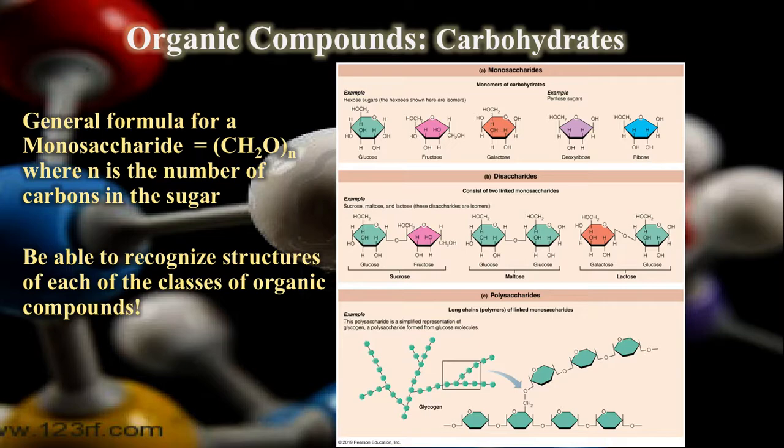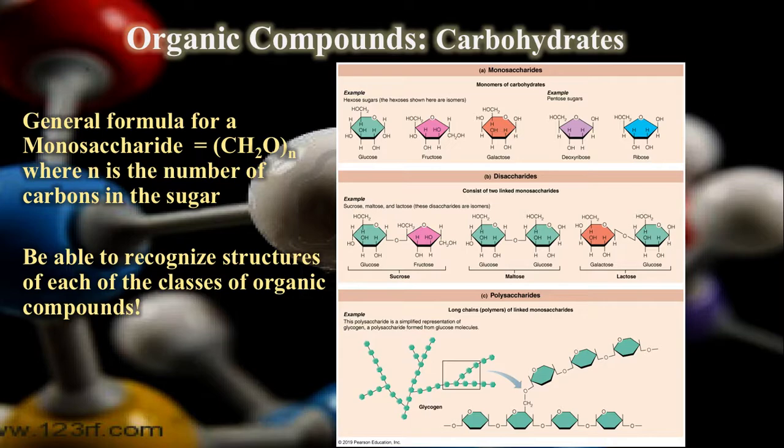Now, on this next slide, let me read the bullet and then we'll look at the picture and talk about a couple other things. So first of all, you need to know this general formula for a monosaccharide. Okay? It's going to be CH2O N, where N is going to be the number of carbons in the sugar.